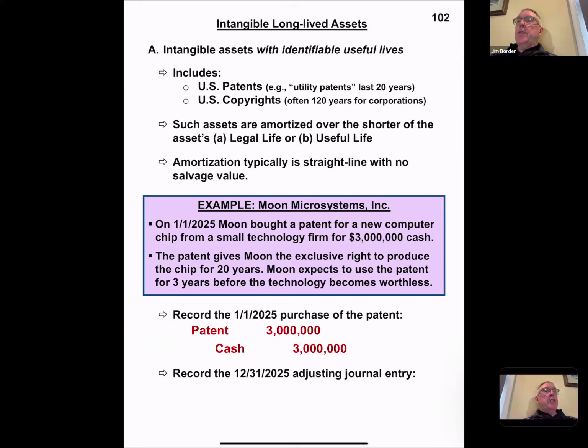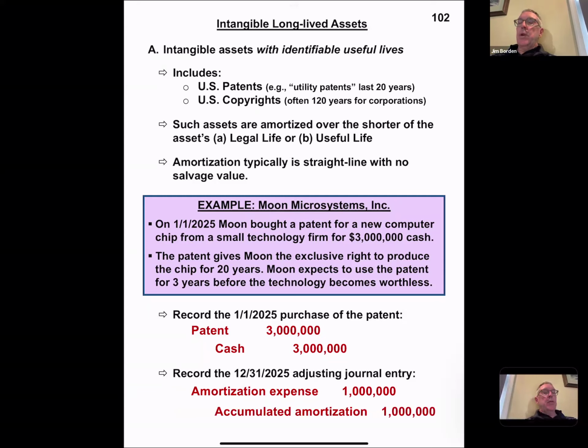So again, we'll spread this over the short of the legal life, which is 20, or the useful life, which is 3. So we'll spread this $3 million over 3 years, or $1 million per year. So new expense here, first time we've seen this, it's called amortization expense. So we'll debit that for $1 million, and we'll credit accumulated amortization for $1 million.